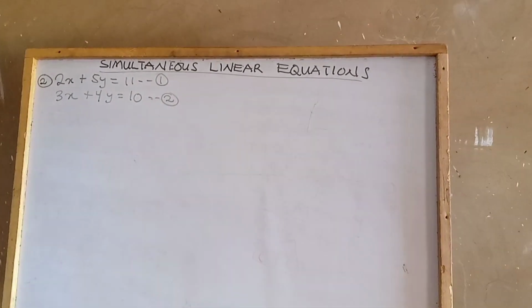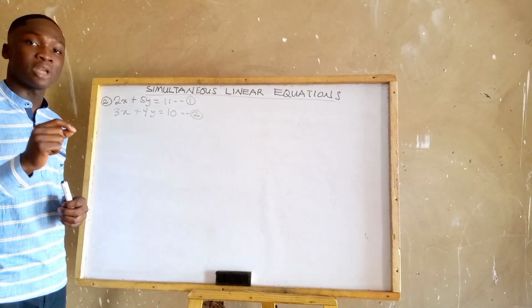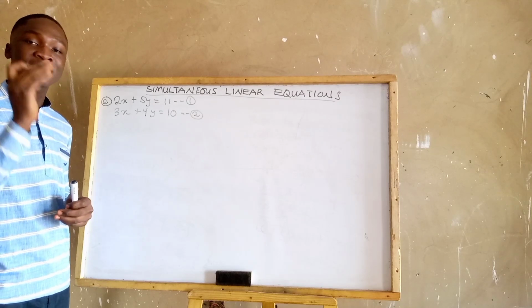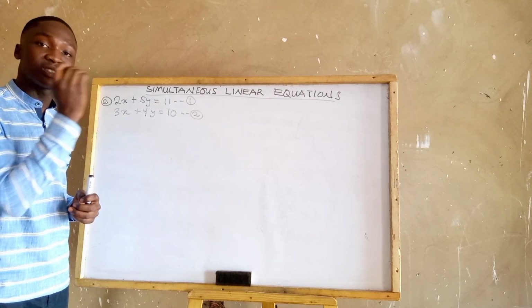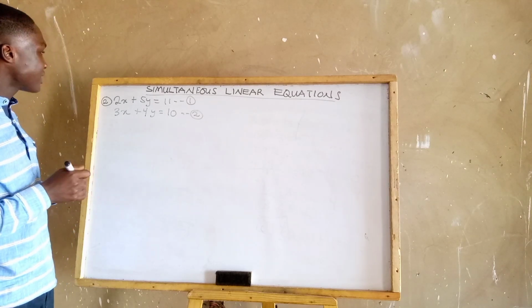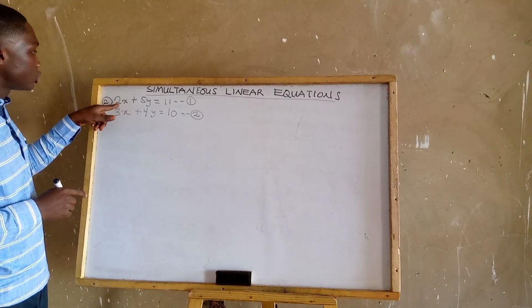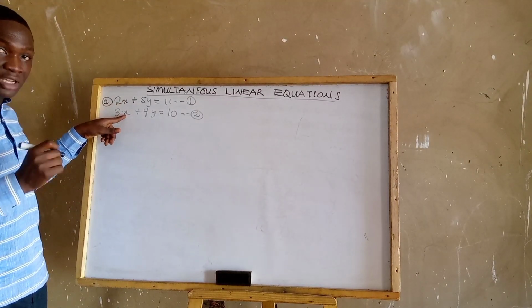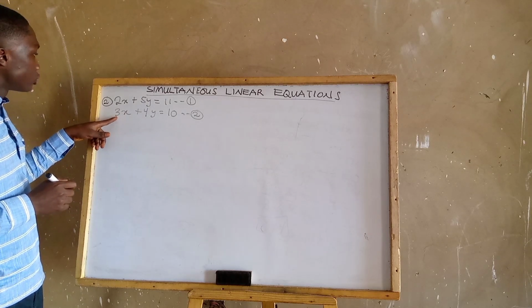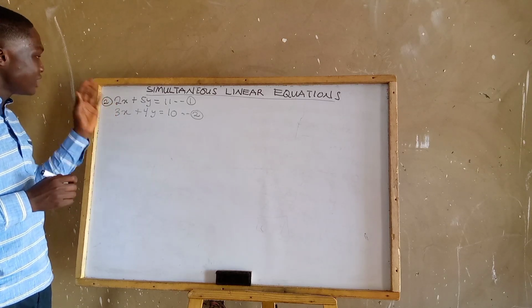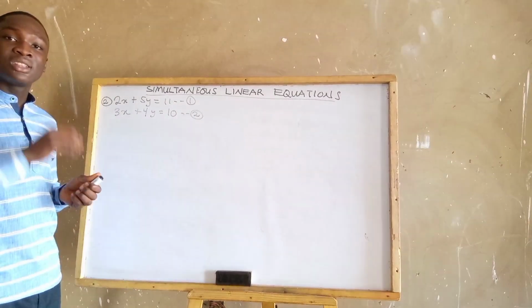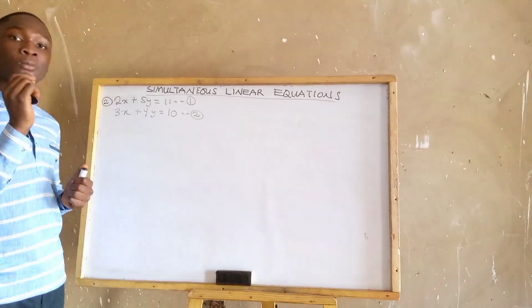Here, you have to make sure that the variable you want to eliminate has the same coefficient in both equations. Let's eliminate x. The coefficient of x is 2 in equation 1 and 3 in equation 2. What can we do so that the coefficient of x will be the same?